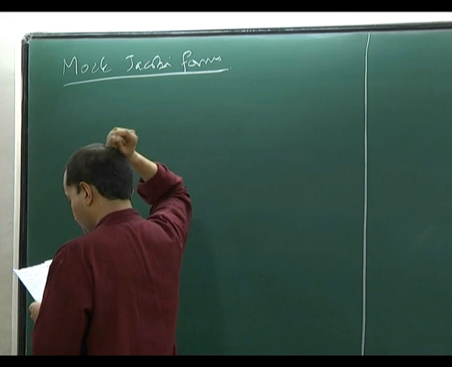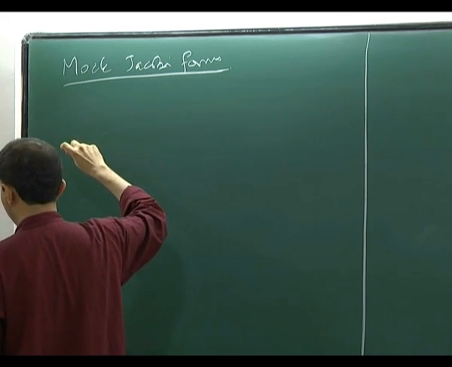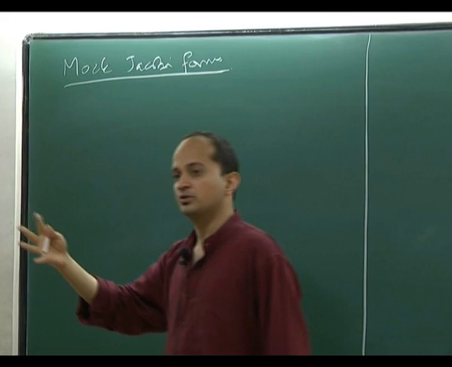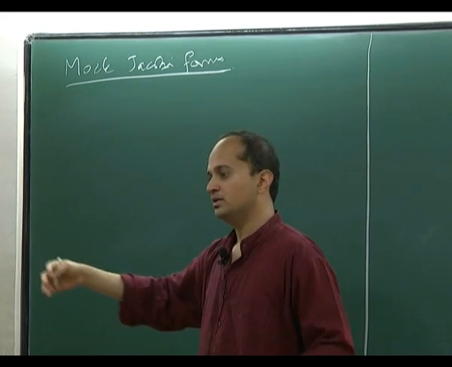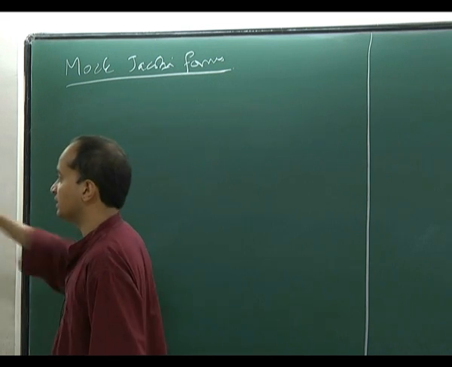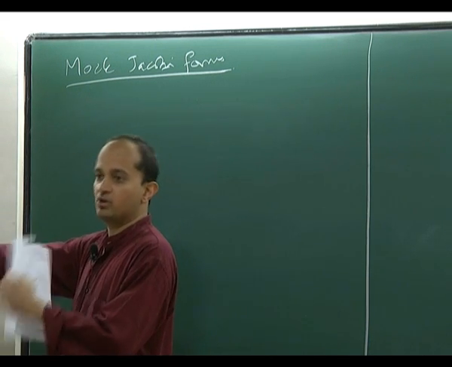Good. So the next concept is mock Jacobi forms. Just like we saw that for regular modular forms, a Jacobi form is the same as a vector valued modular form, you define mock Jacobi forms exactly like that: a vector of mock modular forms.